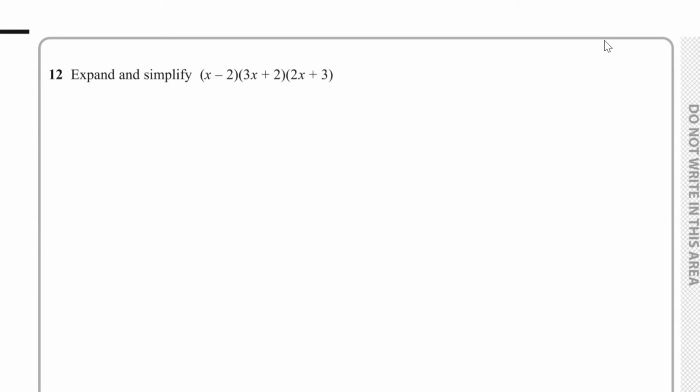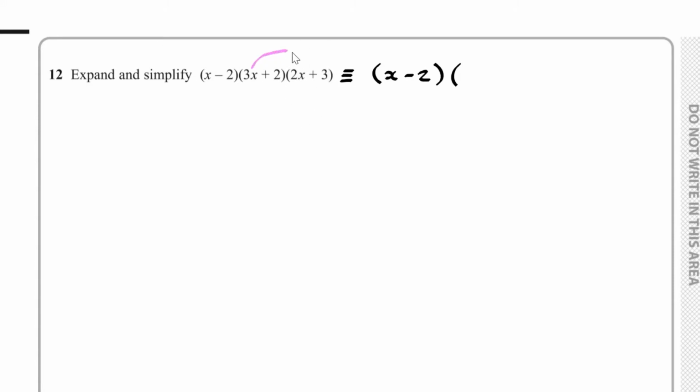Question number 12. We have to expand and simplify x subtract 2 multiplied by 3x plus 2 multiplied by 2x plus 3. Well, what this is equivalent to, we've got the x minus 2, and I'm going to multiply this by 3x plus 2 multiplied by 2x plus 3.